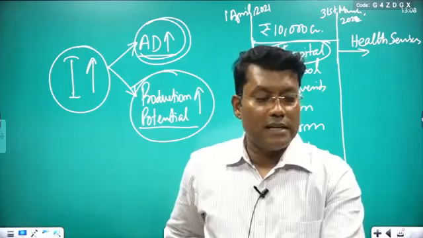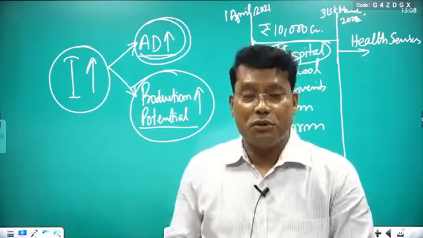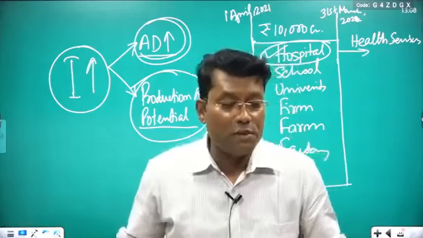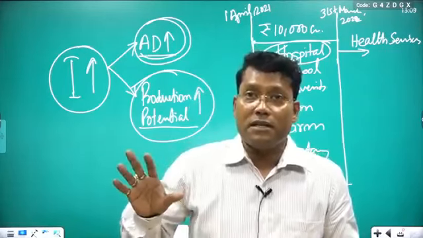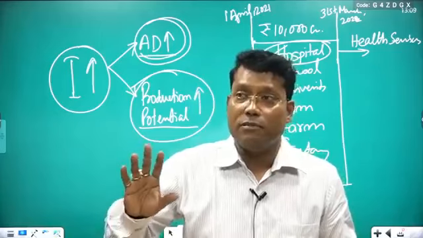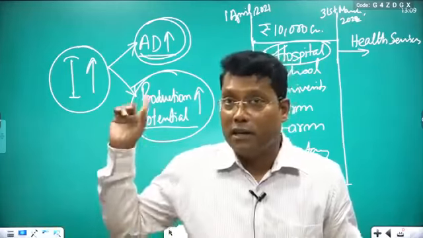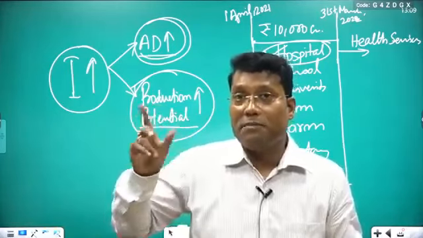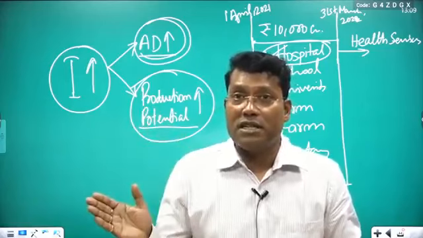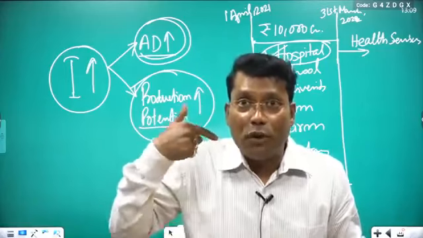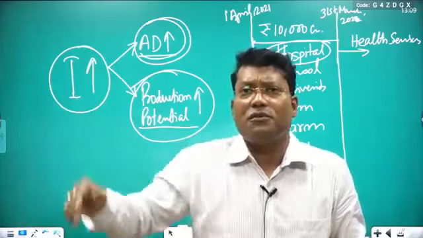Just one line I can tell you: the autonomous investment you are asking about, versus induced investment. Autonomous investment is of the nature of being given, meaning the government can decide, it's not dependent. Now you can see that investment depends on the rate of interest. If it changes, the investment can change. But when the government decides, it does not consider the rate of interest or what is going on.